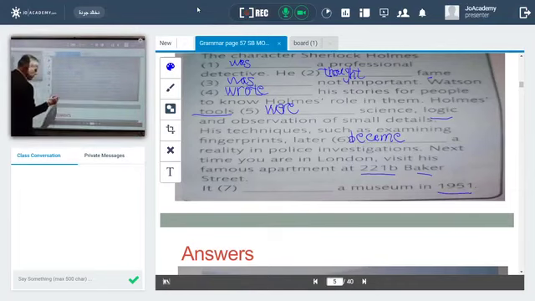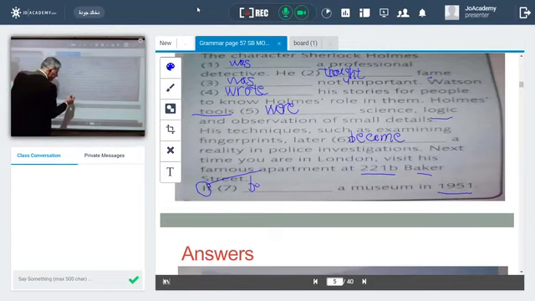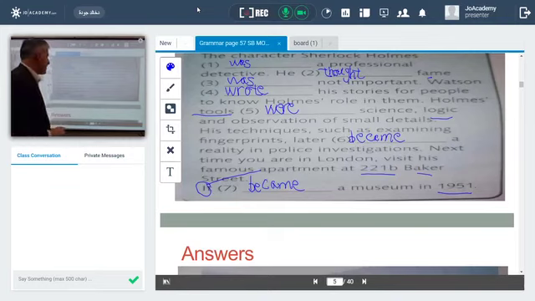Here we have the pronoun it. It talks about what? It talks about the apartment. Visit his famous apartment. The apartment, because it's singular and it is not a human, we call it it. It became a museum in 1951.